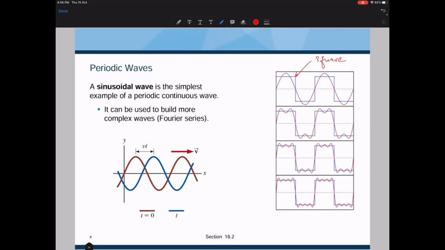And of course, apart from the repetition, apart from the repeating distance, it has nothing similar to a sinusoidal wave. But hey, let us try to make it closer to a square wave by adding a component. You see, we have added a component that has 4 times the frequency of the original sine wave.